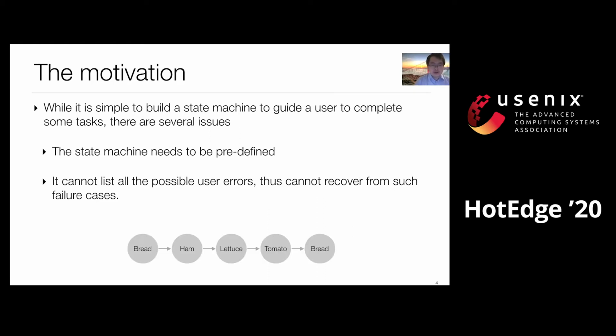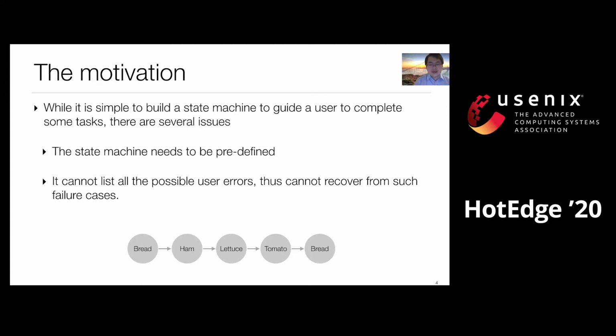Here is a toy example of a cognitive assistant guiding a user to assemble a sandwich. Suppose we define a linear state machine here in the cognitive module. It works fine if the user is following the instructions step by step.